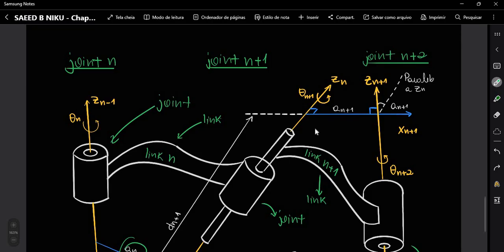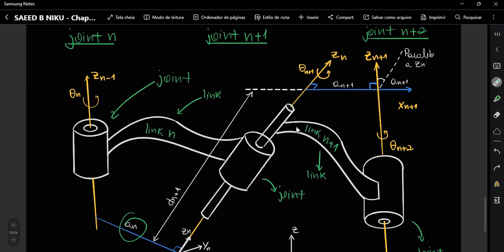One joint before is assigned Zn minus 1, and one joint after the center joint is assigned Zn plus 1. Right here, again we have this normal, and we have this other normal, which is n plus 1.